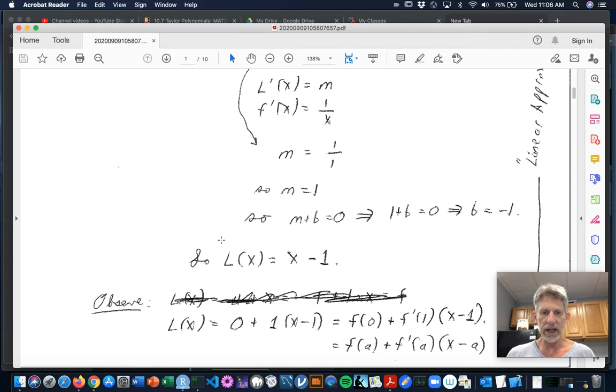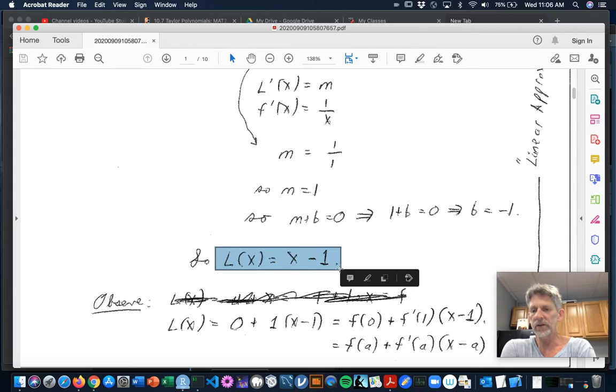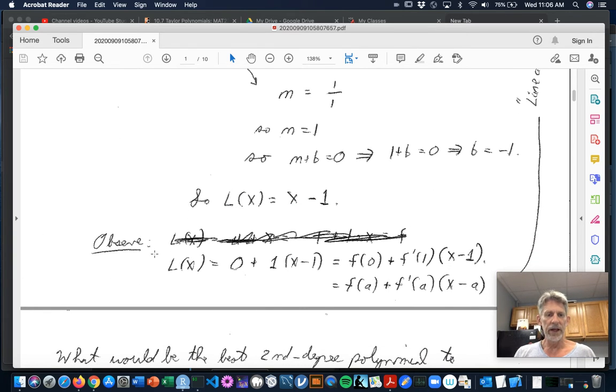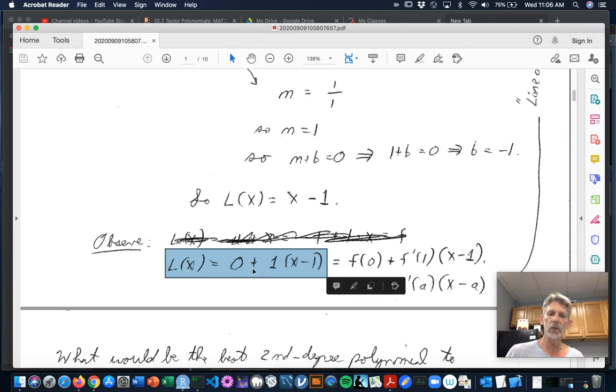So the best line to approximate log of x with, when you're working near the value 1 on the x-axis, is x minus 1, 1x plus negative 1. Now, I want you to observe that you can write that L of x in this way as 0 plus 1 times x minus 1.